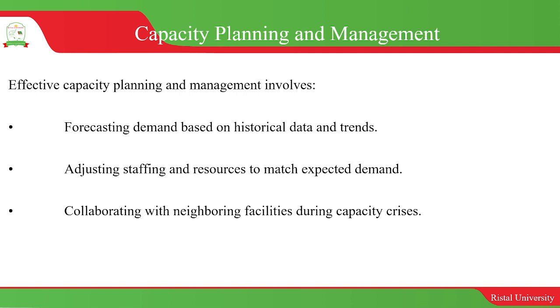We make analysis using statistical models, and then that helps forecast what the demand is. If last year this was the number of people admitted, and during the malaria peak it went to this, what are we expecting this year? And then we can even look at the trends and project from there. Two, adjusting staff and resources to match expected demand.